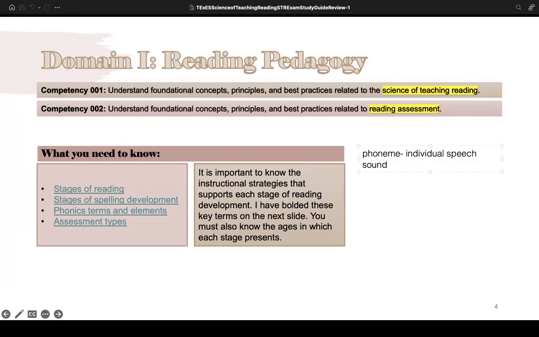Phonemic awareness is the understanding and knowledge of phonemes, but also how to play with the phonemes, how to adjust the different rules, the different patterns in which phonemes create sounds.